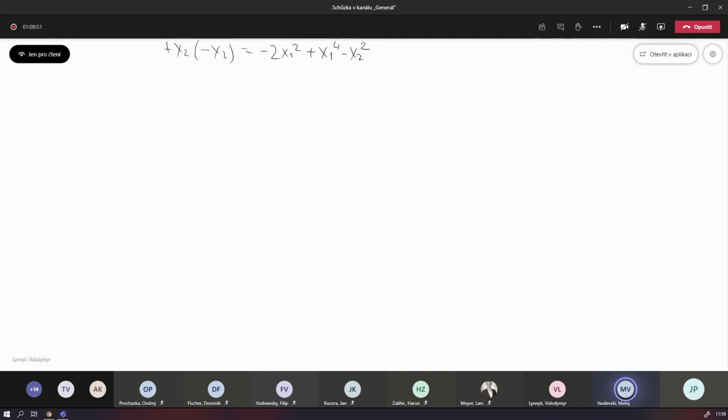No, maybe only local stability. Okay, can I do something with this V dot of x? I think we can try to rewrite it.